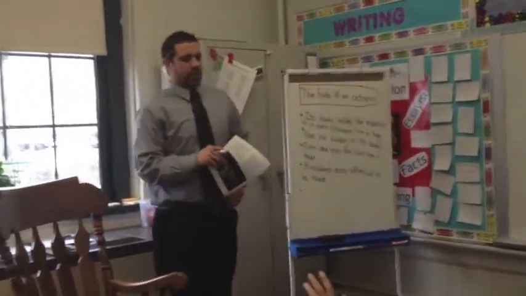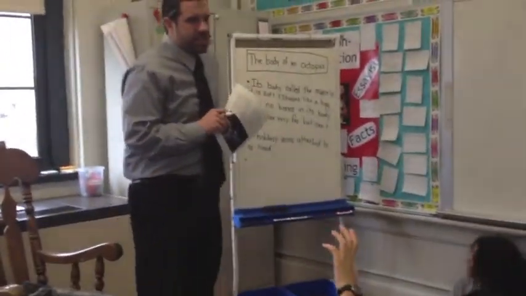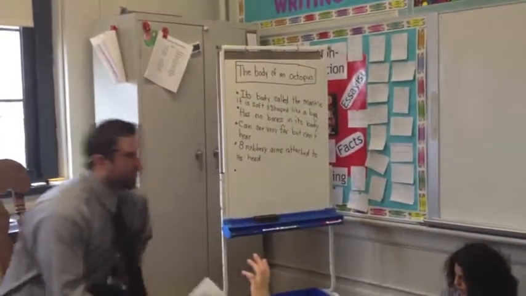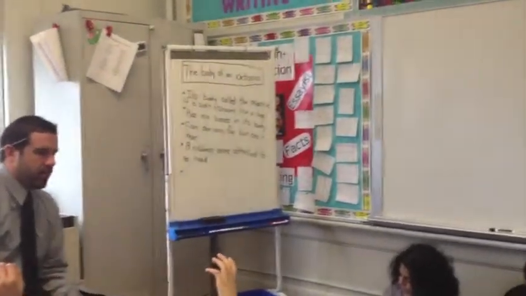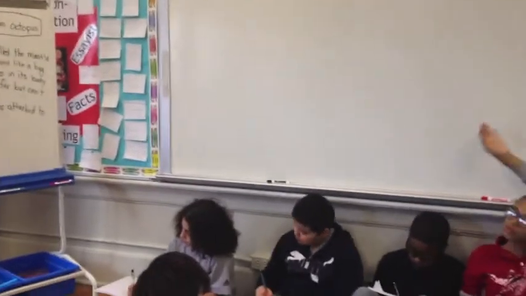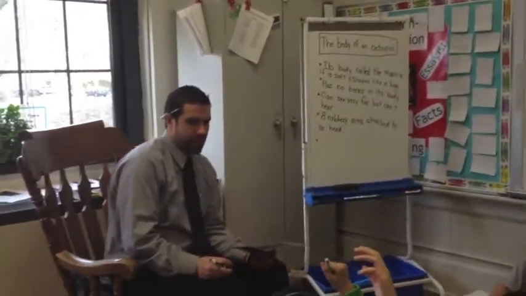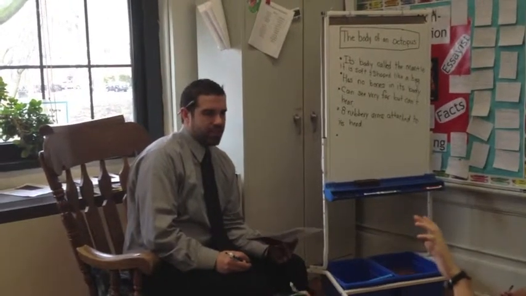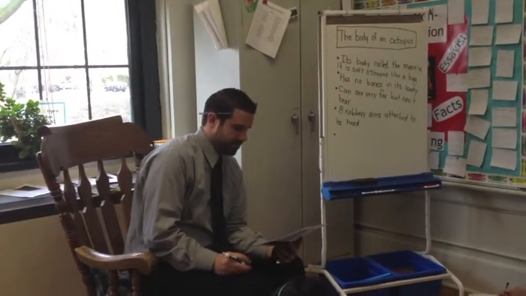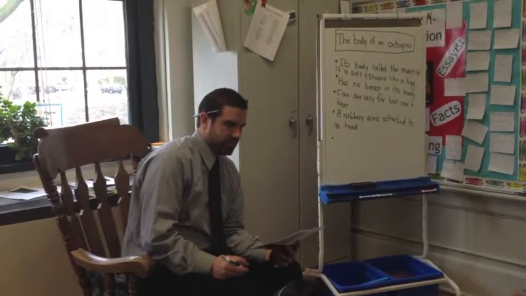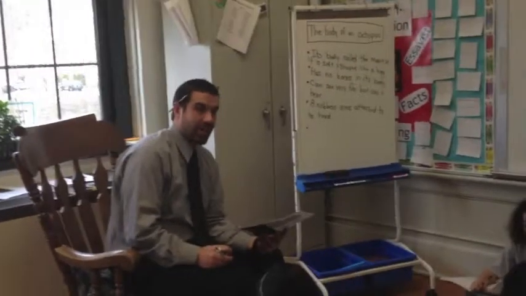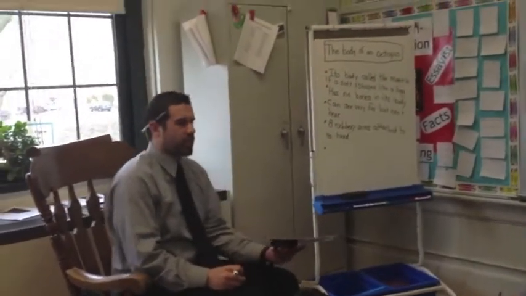Any other supporting details we can pull from this text? I'll give you a second to write those down. A lot of information in this one little paragraph. Azra, what else you got? The octopus's arms are covered with suckers. Okay, good. So those arms are covered with suckers.